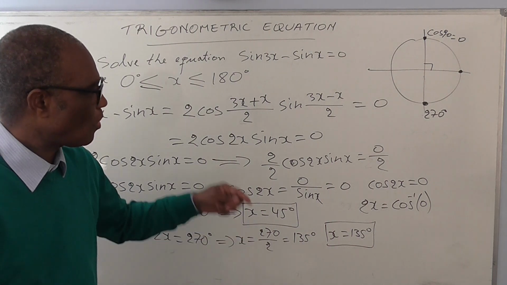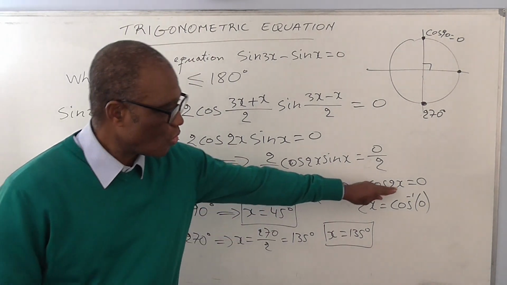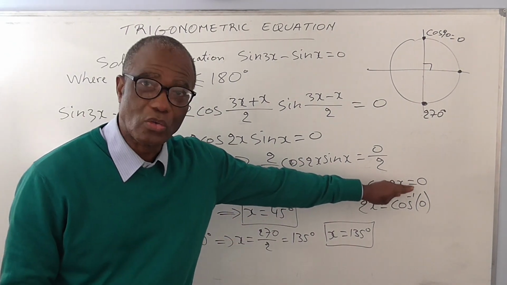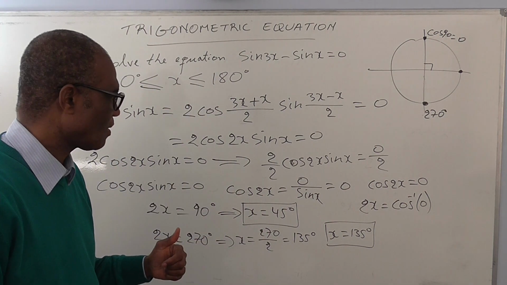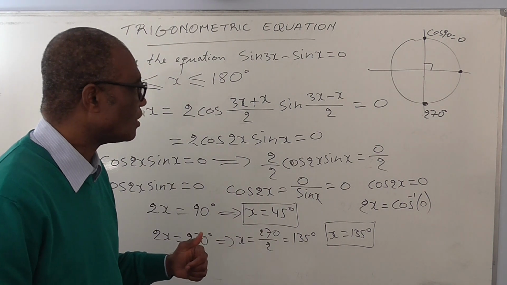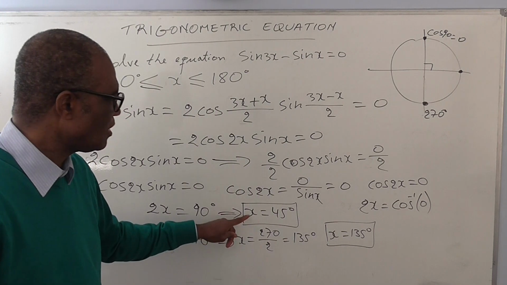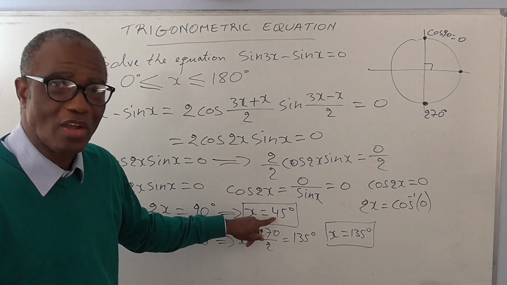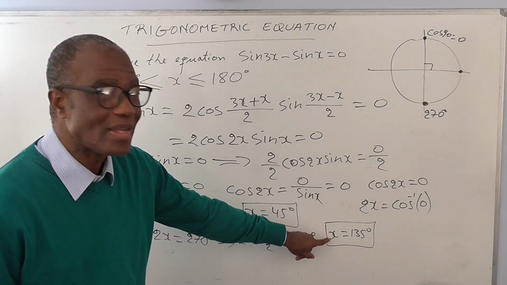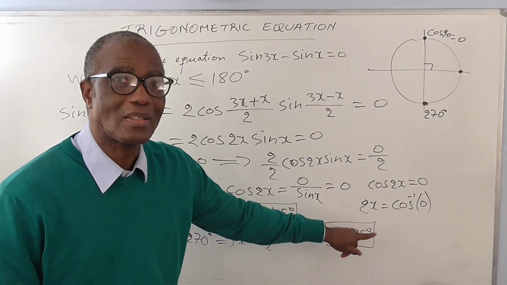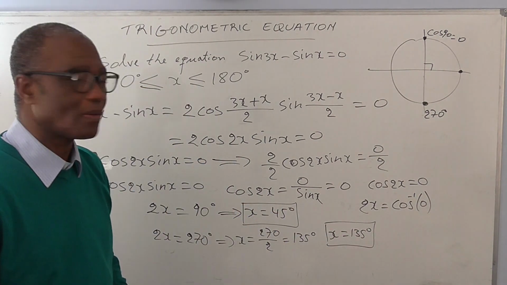Okay? So, using cos of 2x is equal to 0, we have two solutions. The first solution is x is equal to 45 degrees, and another solution is x is equal to 135 degrees.